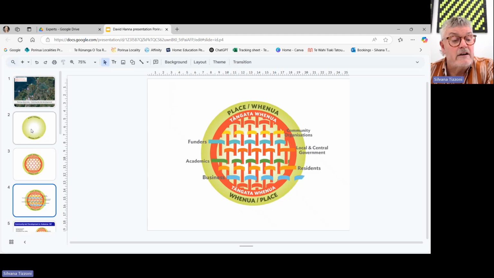And then over time, through migration and colonisation, many different new groups arrived in this whenua, in this place, and they formed various groupings.